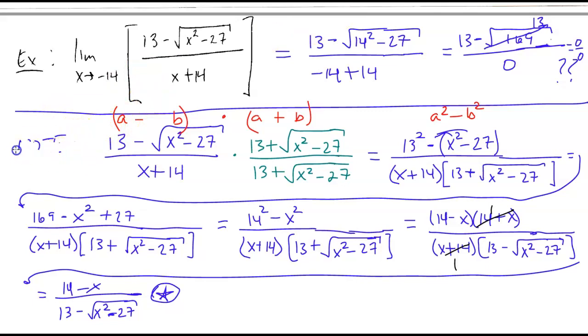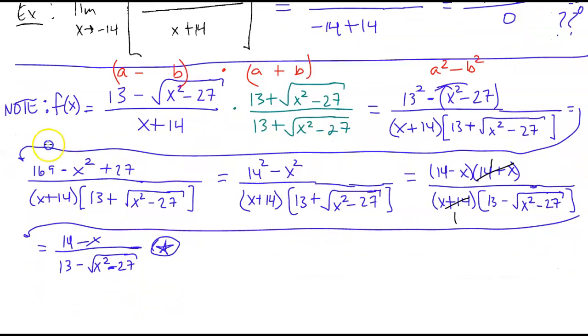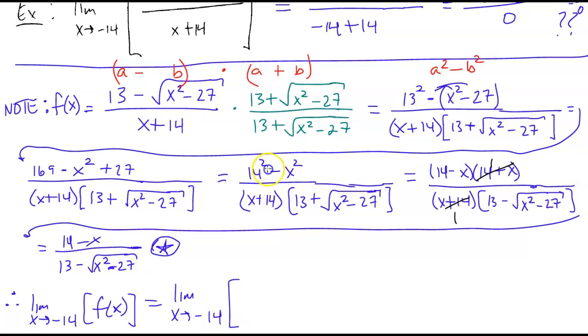One other thing I'm going to do here, just to make my notation correct but efficient, is name this f of x. So if we want the limit as x approaches negative 14 of f of x, which is what our original function was, we can say that's the same as taking the limit as x approaches negative 14 of our new way of expressing that.